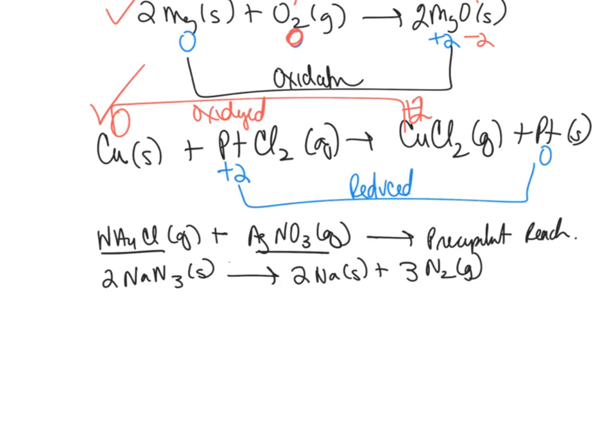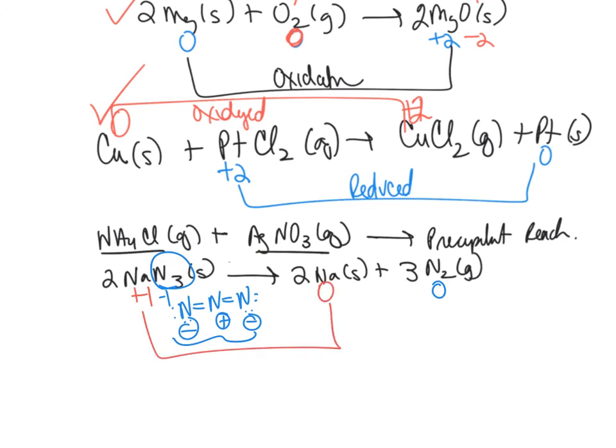And so you can see when it's in a compound, sodium's a +1, and the azide is actually a covalent compound that looks like this. This is organic chemistry, so that's a -1. It's a polyatomic, right? And then over here, it's by itself, so it's a 0 and it's a 0.